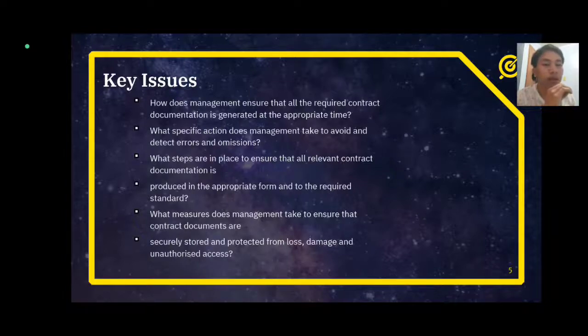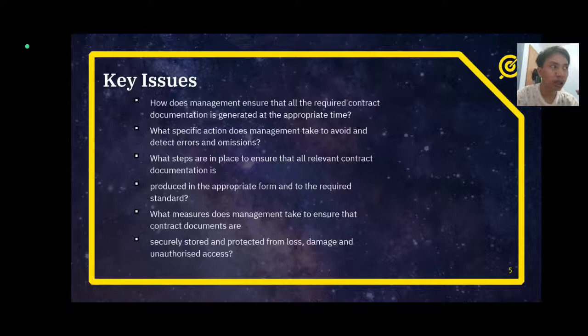So what steps are in place to ensure that all relevant contract documentation is produced in the appropriate form and to the required standard? Yung dito kasi, yung sa third part, kaya naging issue siya kasi merong sinusunod na standard sa paggawa ng documentation.